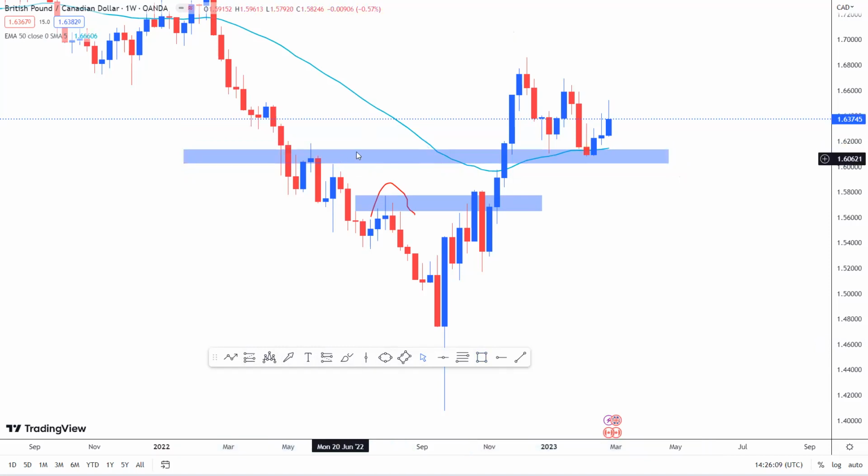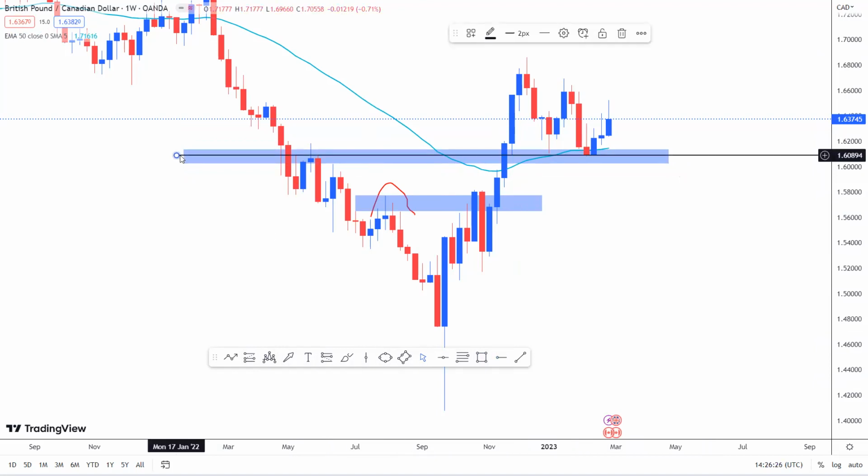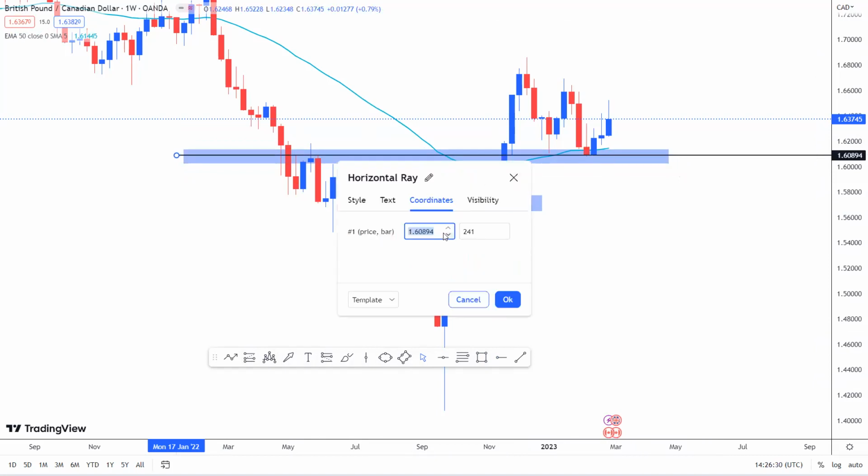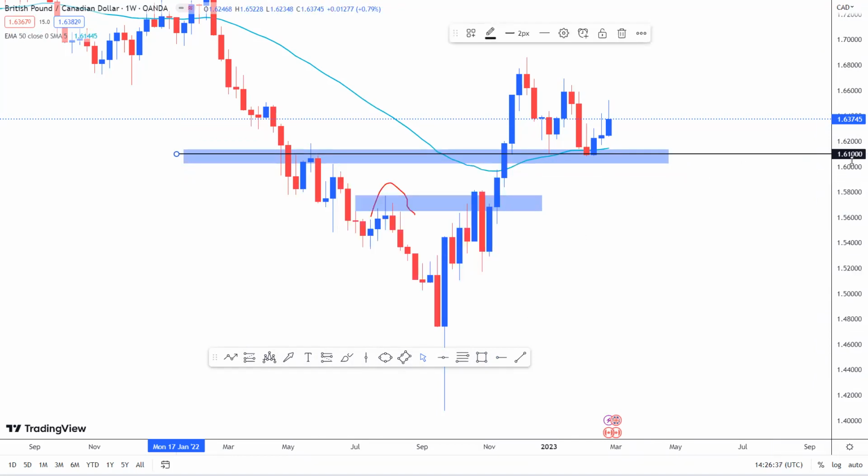structure. So you can see, looking to the left, we had this level previously as a resistance when price was below the level. So we had a nice break of the level, and we had price come back to retest this level. Coupled with the fact we had ourselves a round psychological number at the level, 1.6000 psychological round number.